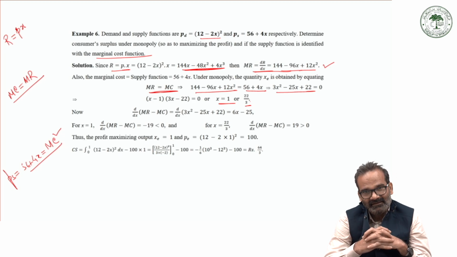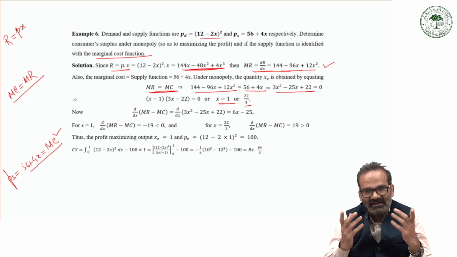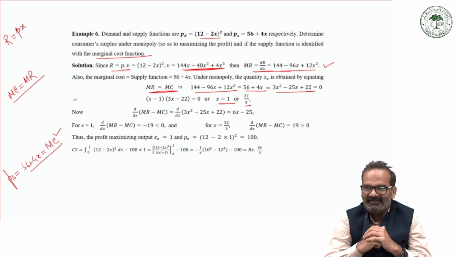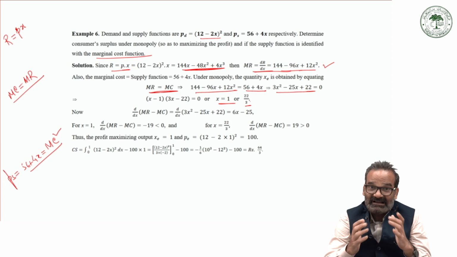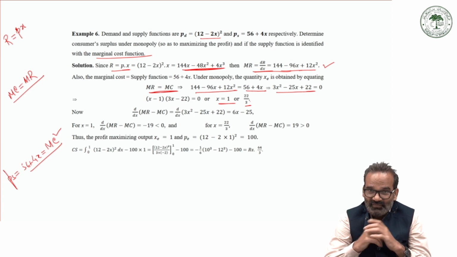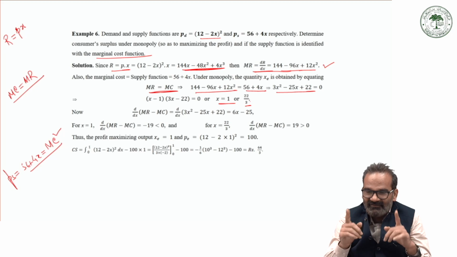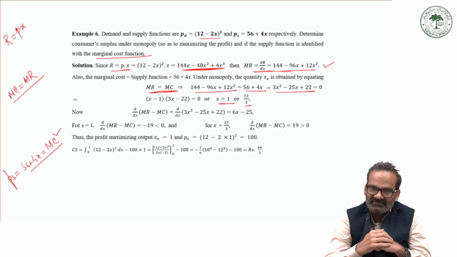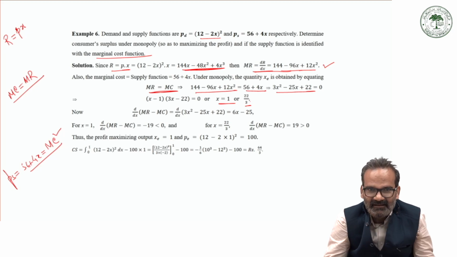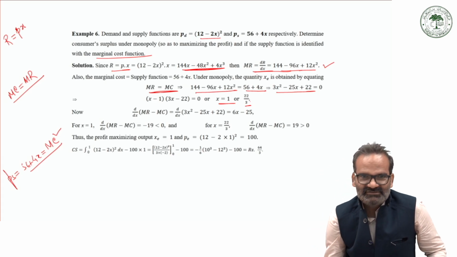Think over it. We will naturally choose that value which will maximize the profit, right? So we will check which value will maximize the profit. That value of x will be considered. So MR minus MC is what?